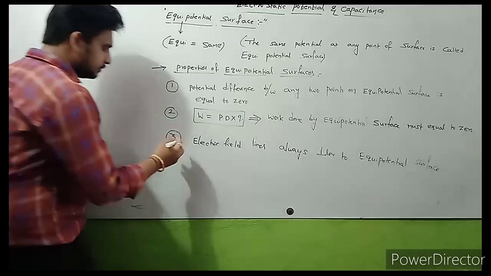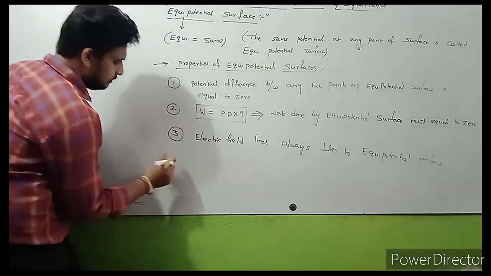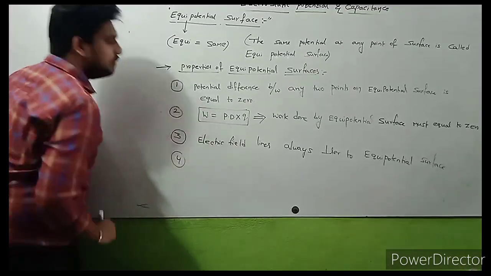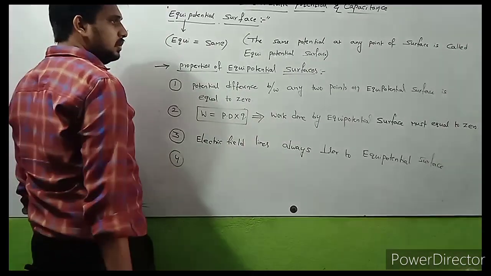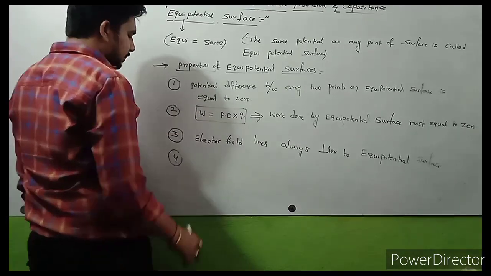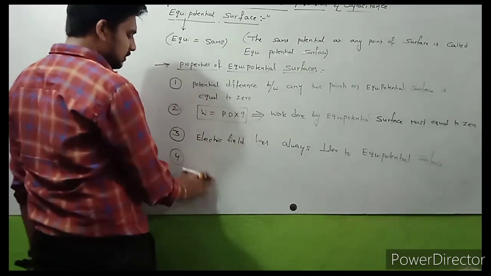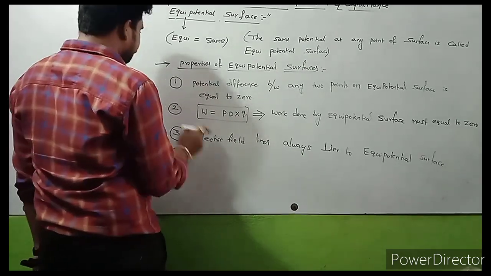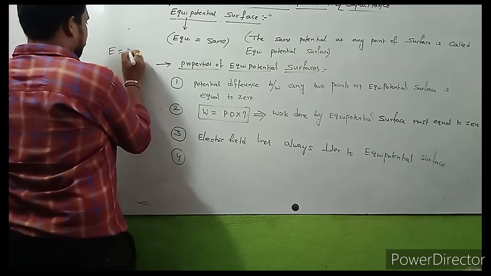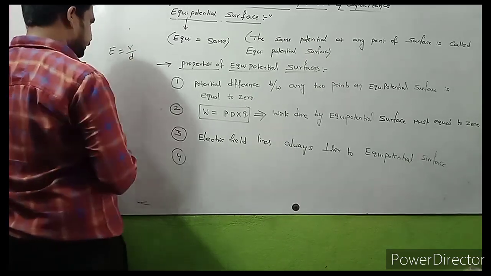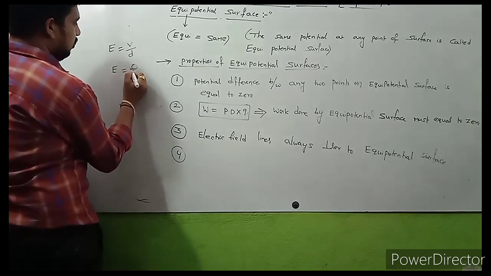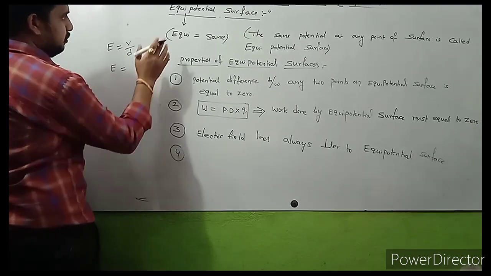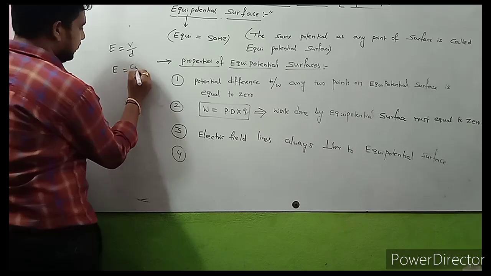Next, if you consider E is equal to V by d, potential is same, constant.